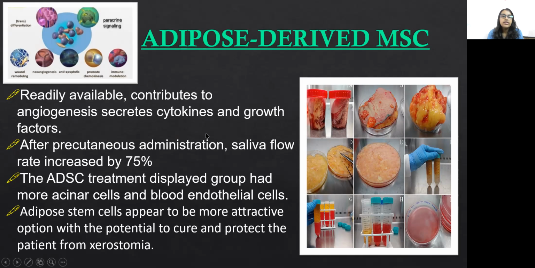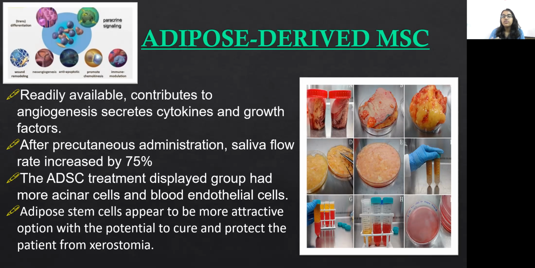These are administered percutaneously. And the salivary flow rate seen with adipose tissue mesenchymal stem cells was one of the highest, a 75% increase in saliva. They also displayed a group of more acinar cells and blood endothelial cells.